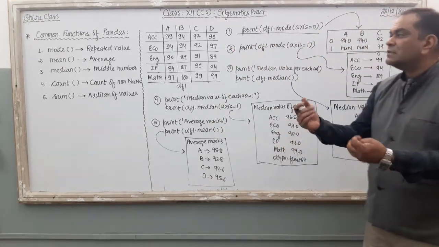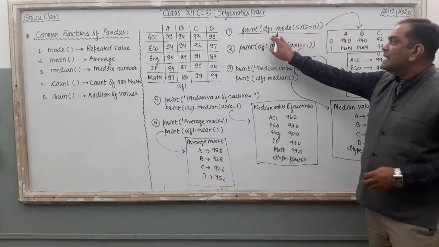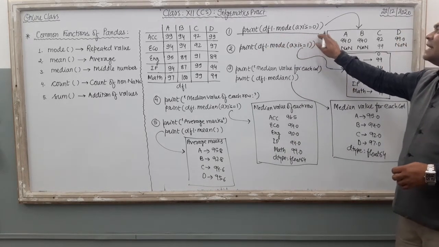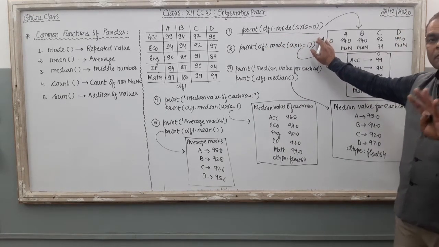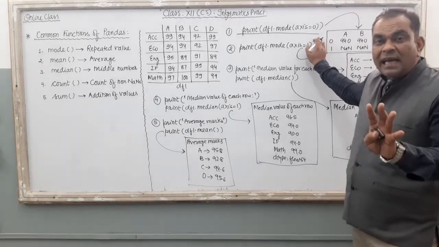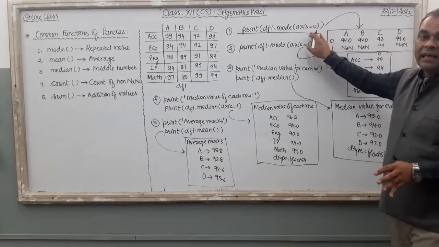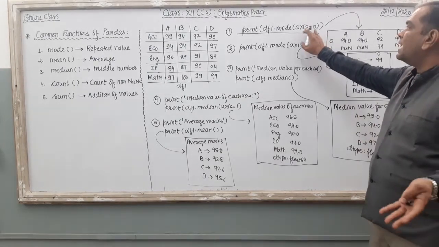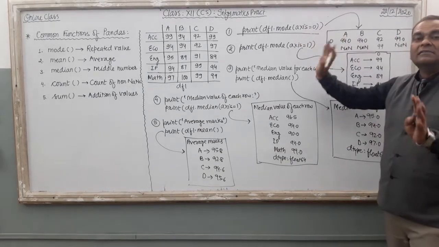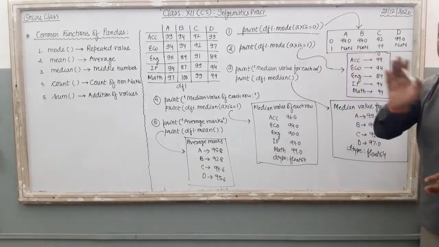Let's see what the output is if we use df1.mode axis equal to 0. By default the computer sets the axis as 0, so you can write this or skip this part. By default the result will be according to axis 0 only.